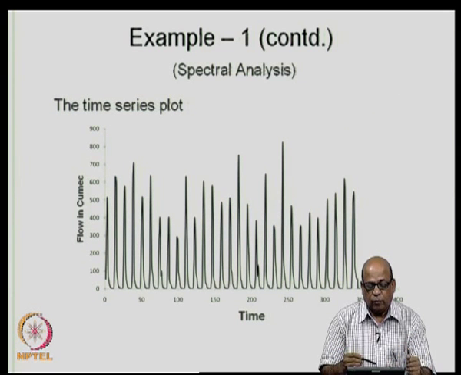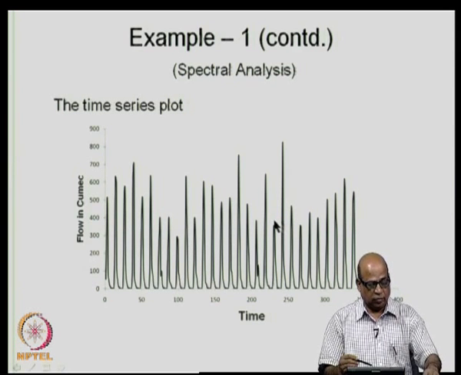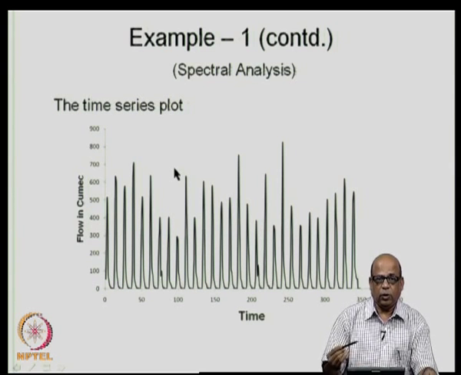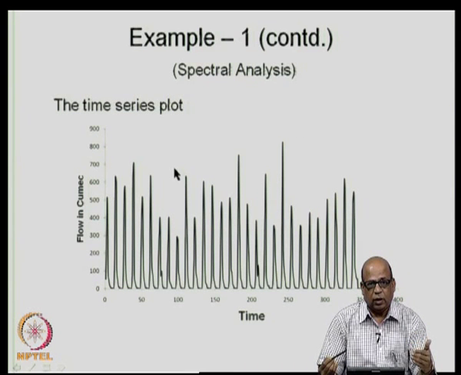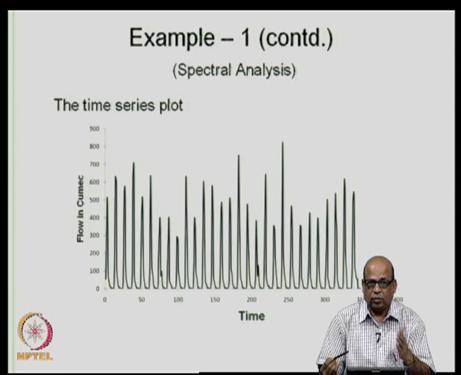Let us see what happens to the time series when we standardize. If you recall what we did in the last lecture, we identified periodicities in the data through spectral analysis. We saw that there were several peaks, corresponding to 12 months, 6 months, 4 months, 3 months and so on.